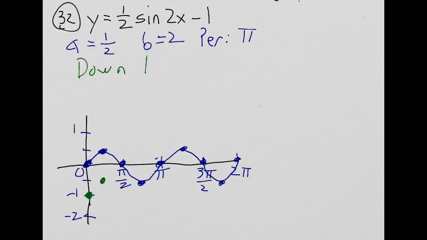So it's going to remain parallel, basically, with the other graph. Just moving all these points down 1. I'm doing this quickly, but I think you get the idea. Okay, and sketch it in.